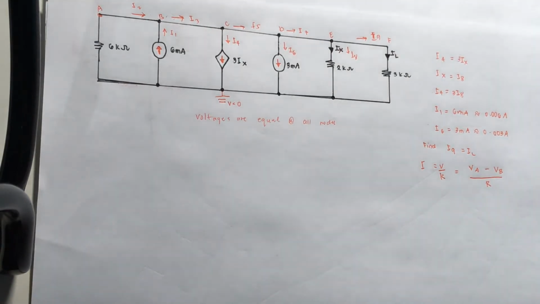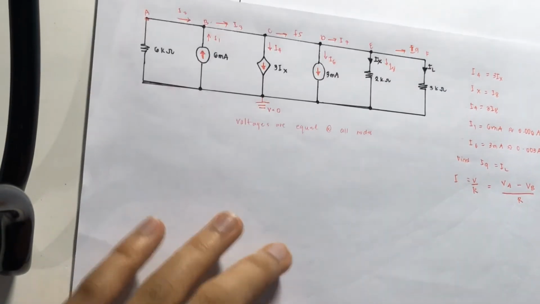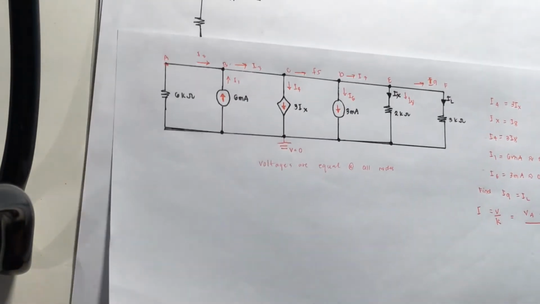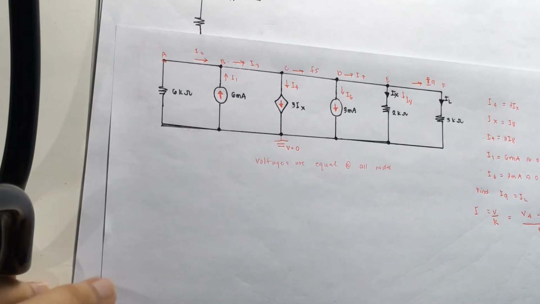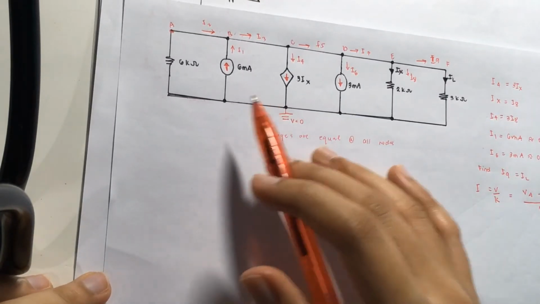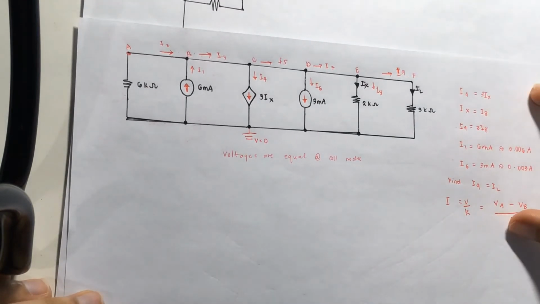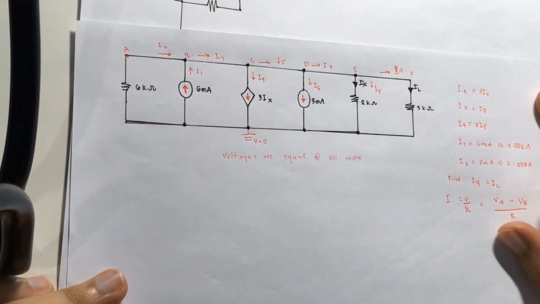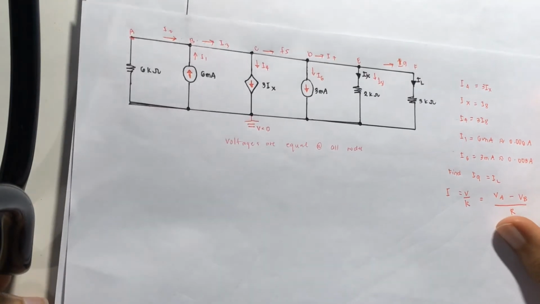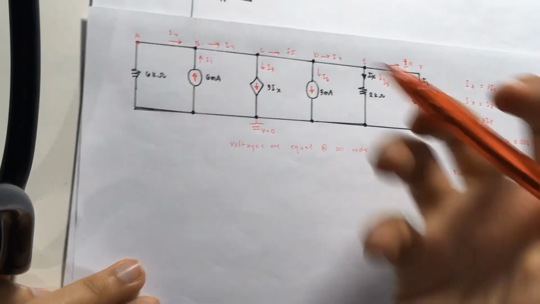To find the voltages and the values of the currents to arrive at the full load current IL, we will apply KCL to each node.